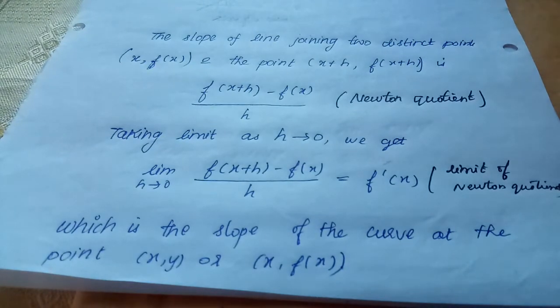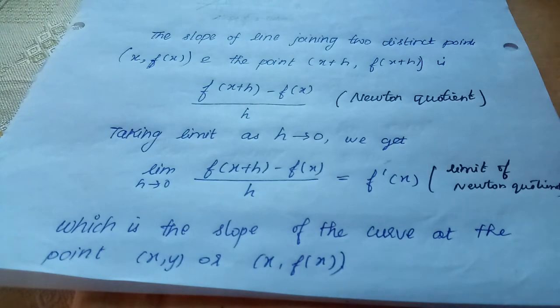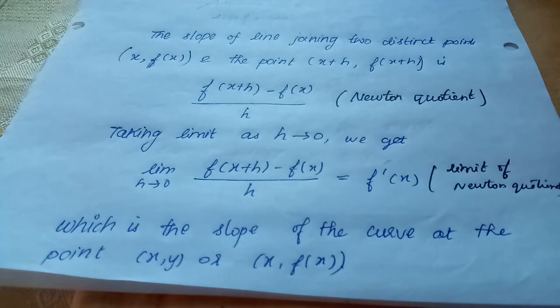It's known as the Newton quotient. So the Newton quotient is the slope of the line joining these two distinct points.